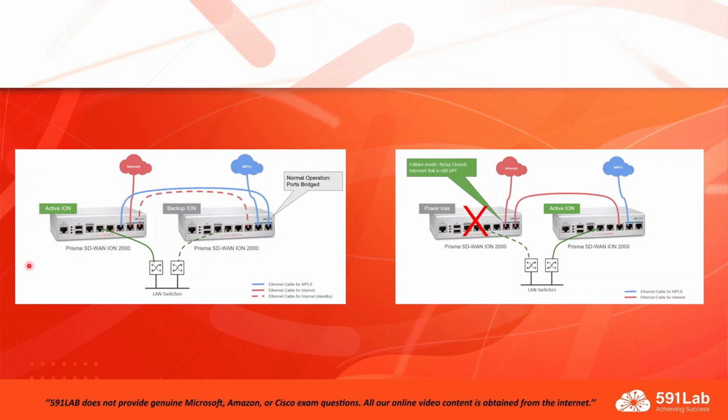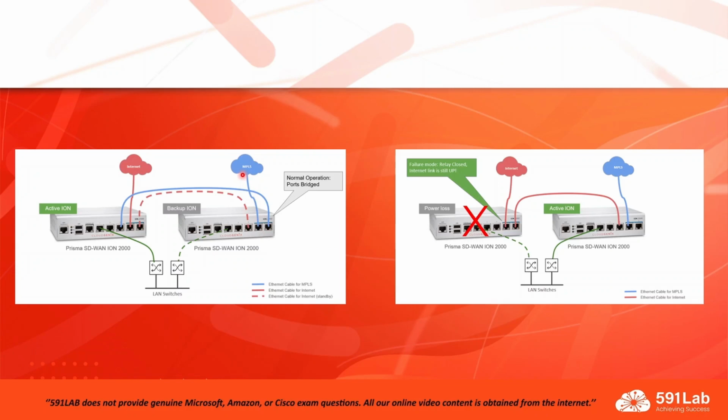The left side is the active ION and the right side is the backup ION. So the connection will be as follows. The internet will connect to the active ION, and the MPLS will go from the active ION into the backup ION using the fail-to-wire that is connected to the MPLS link.